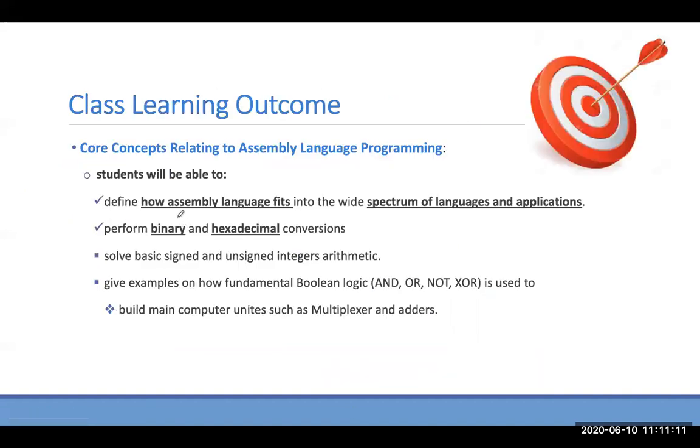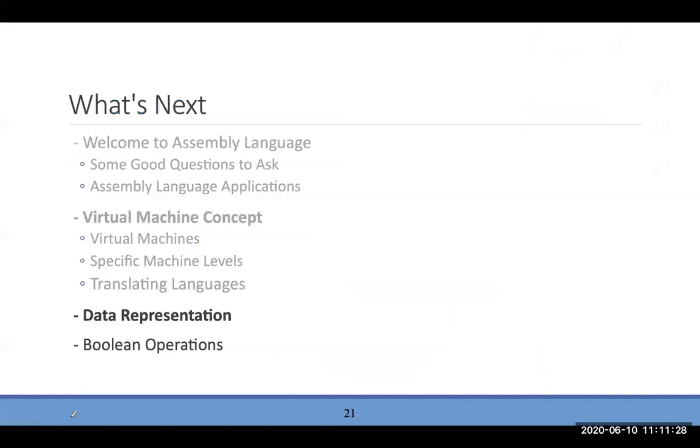All right, so now we understand what a machine language is, what we need, and the fundamentals of at least how the software interacts with the hardware through the instruction sets, and that is the virtual machine. Now we're going to get our hands a little bit dirty and move into data representation. This is a very interesting topic.